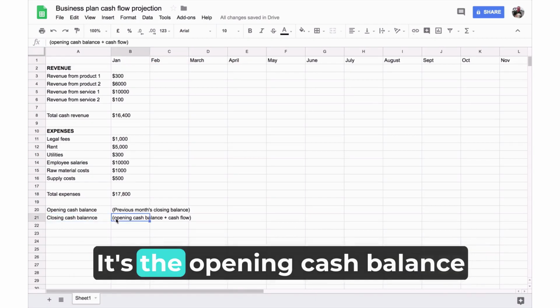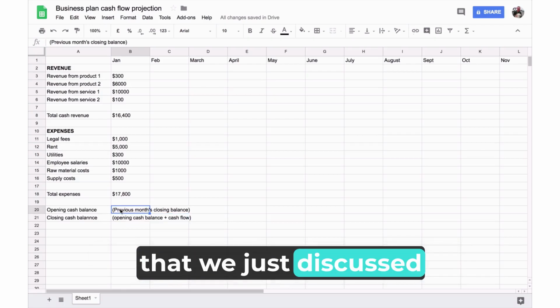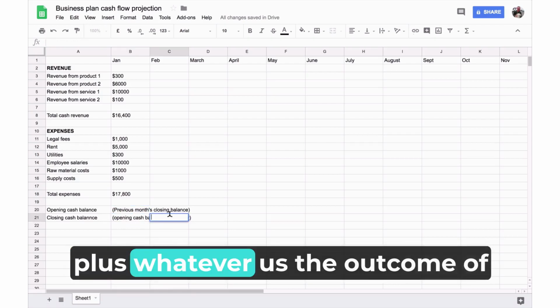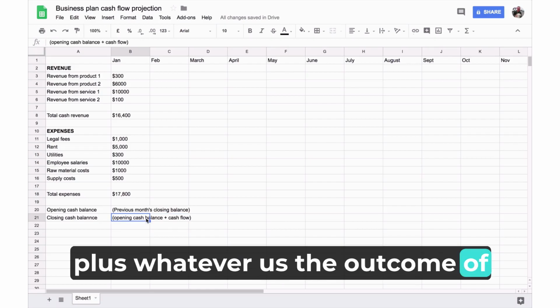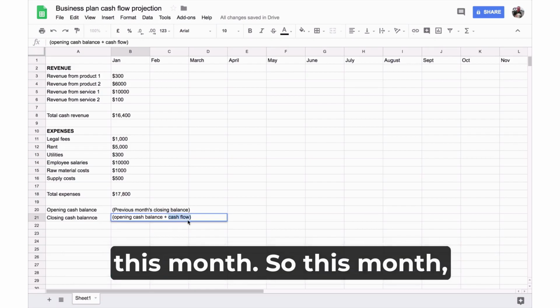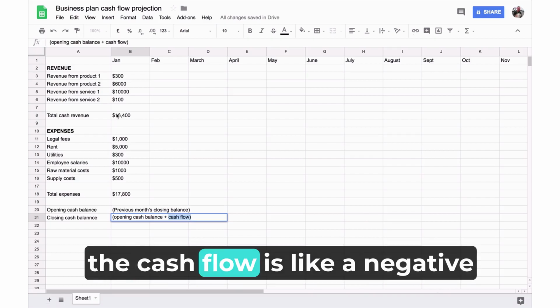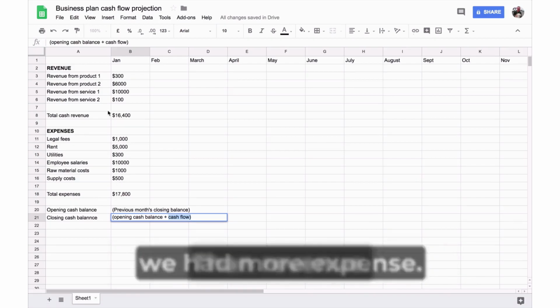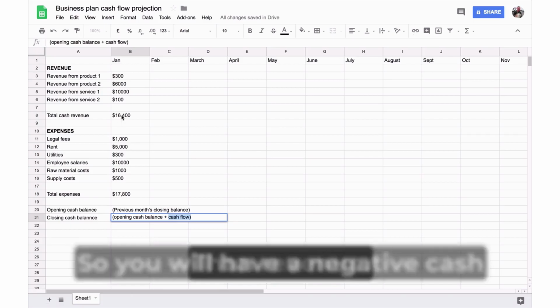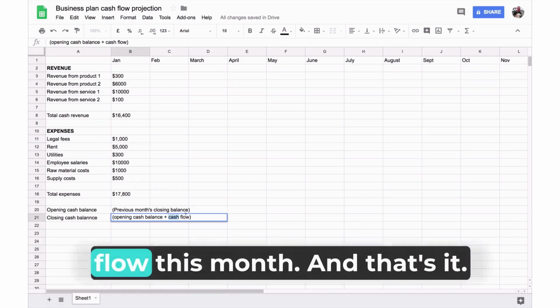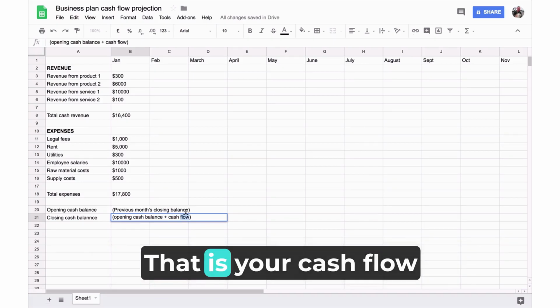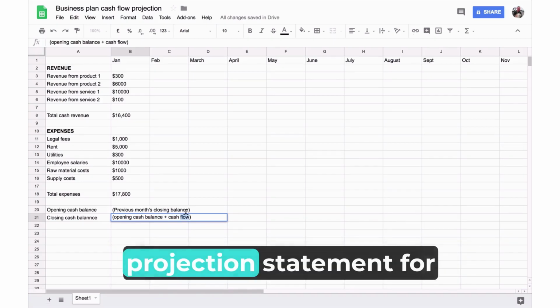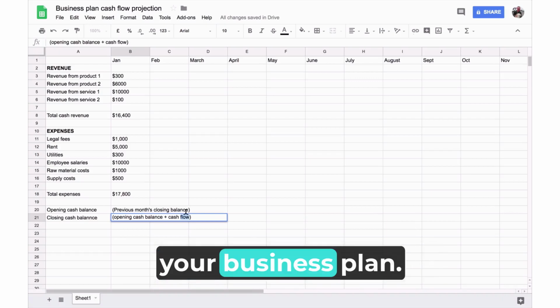It's the opening cash balance that we just discussed how to create, plus whatever was the outcome of this month. Okay, so this month, for example, the cash flow is like a -1, right? We had, in this example, more expenses than revenue. So you will have a negative cash flow this month. And that's it. That is your cash flow projection statement for your business plan.